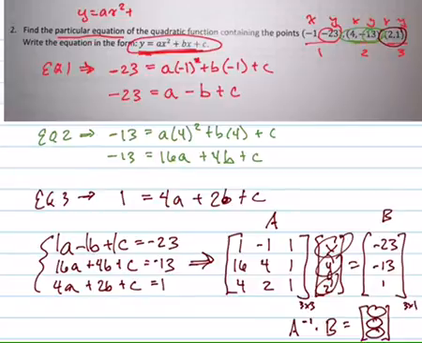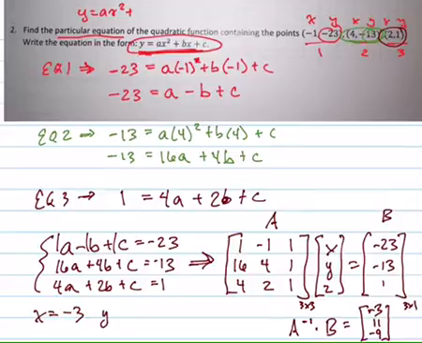Your answers are negative 3, that's your x, 11, that's your y, and negative 9, that's your z. X equals negative 3, y equals 11, z equals negative 9.